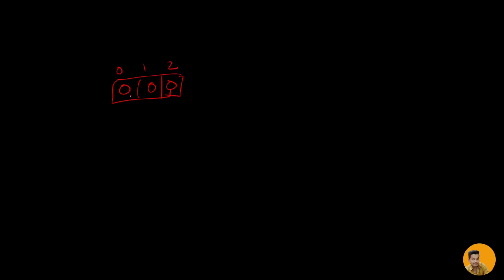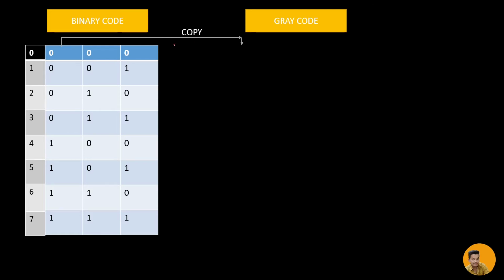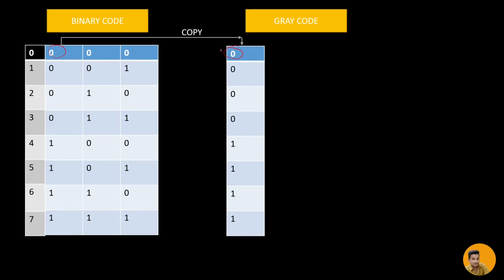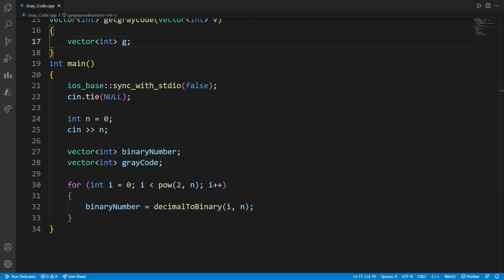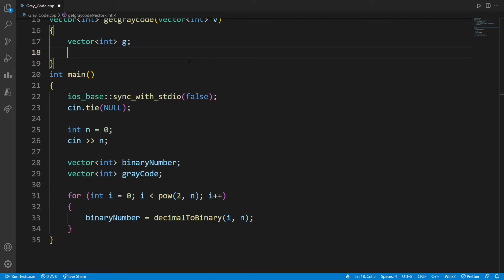Now, as told earlier, we need to copy this first MSB to here. Then for the next binary number, we will copy this. So we are going to copy the 0th index binary number into our gray code.